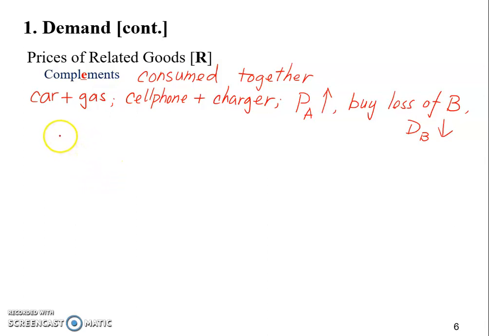There are two goods involved here. Now the second type of related goods is substitutes. That means they can replace each other. Okay, so they serve a similar function for our needs, and we only need one of them.